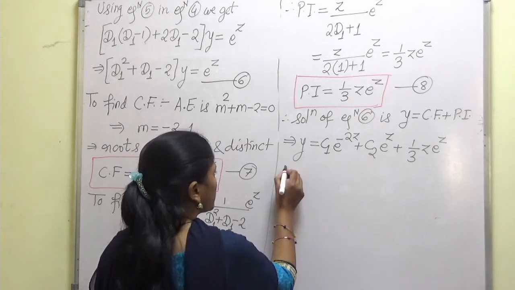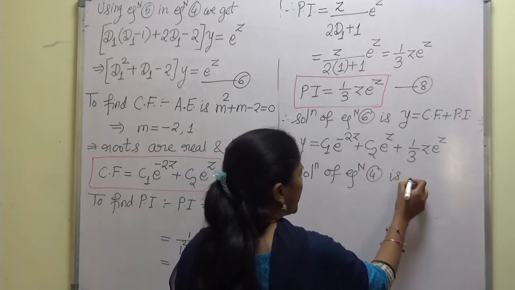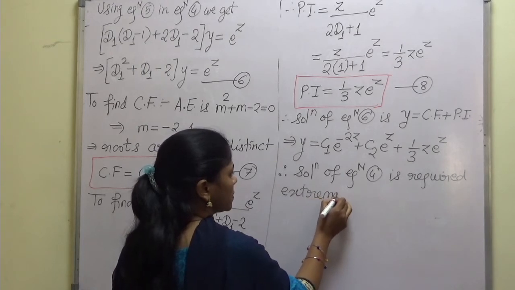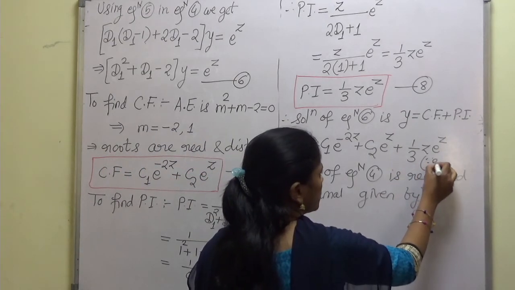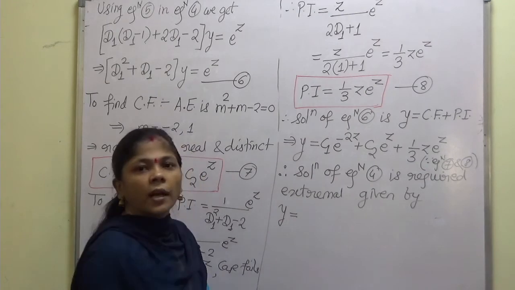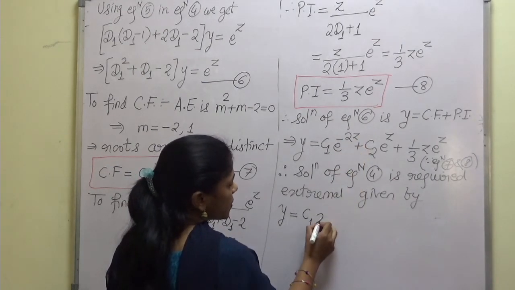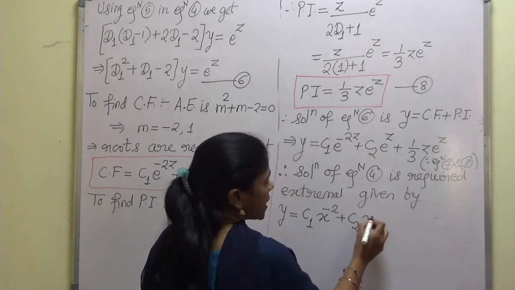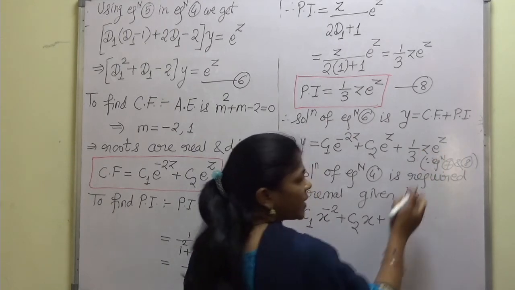Therefore, the solution of equation 4, the required extremal, is given by replacing e power z with x. So y is equal to C1 x to the power minus 2 plus C2 x plus 1 by 3 x times z, and z is nothing but log x.